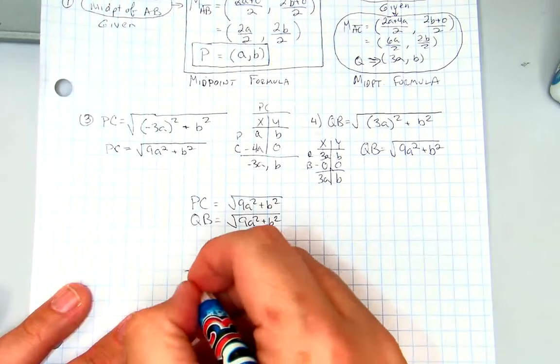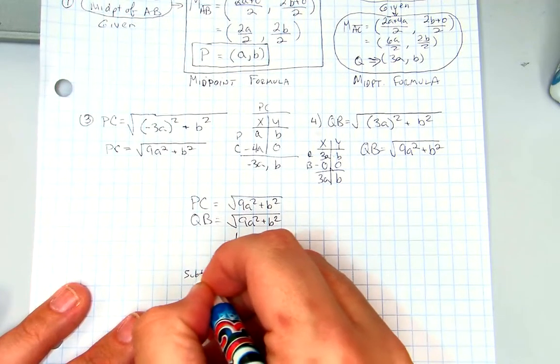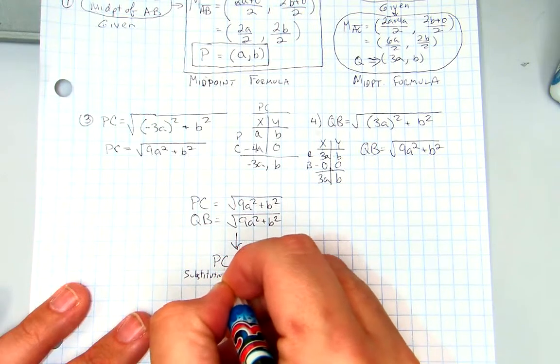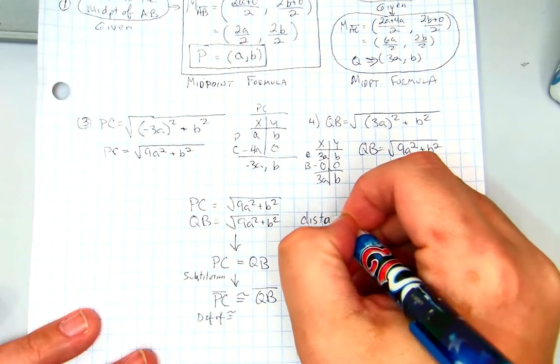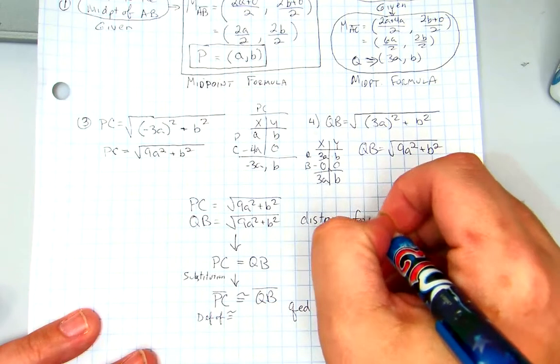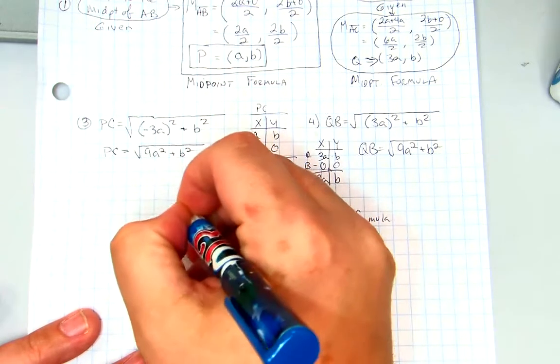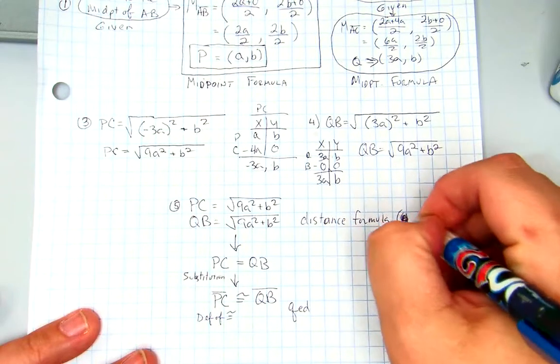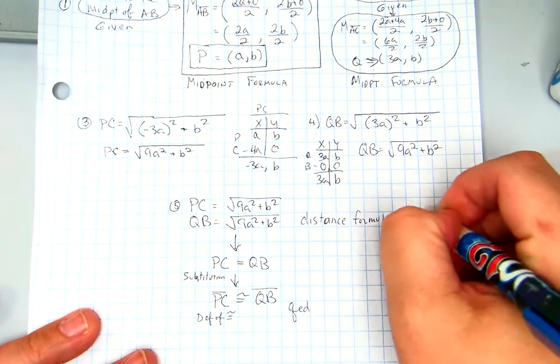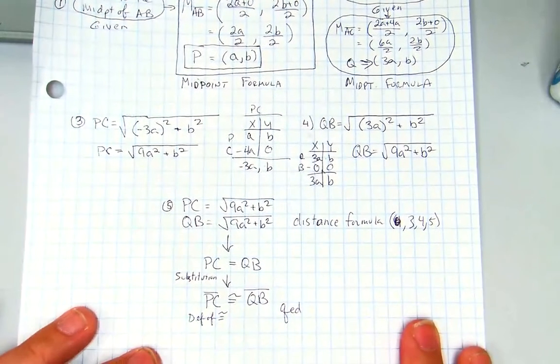This is, you could do a substitution. This would be from the distance formula. If that's step 5, I could say 3, 4, and 5 is all about distance formula.